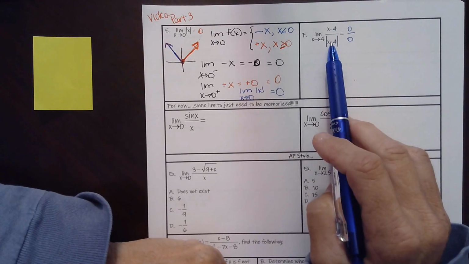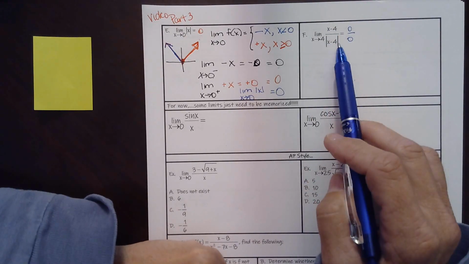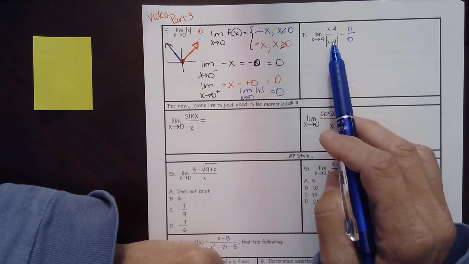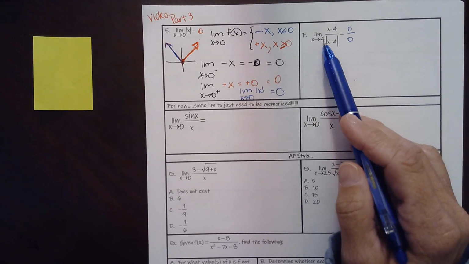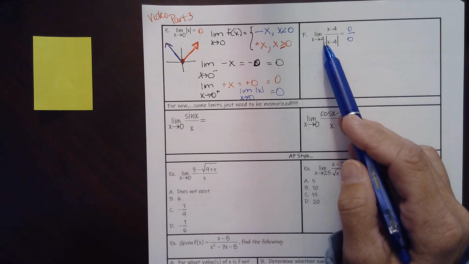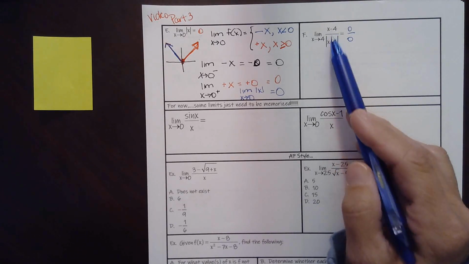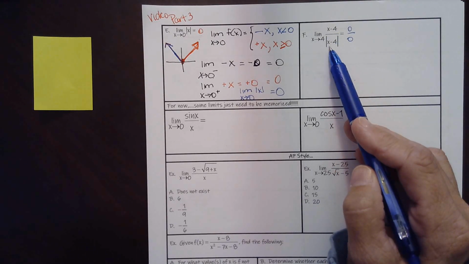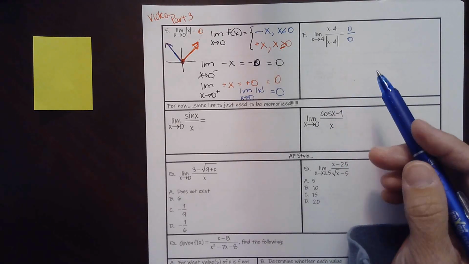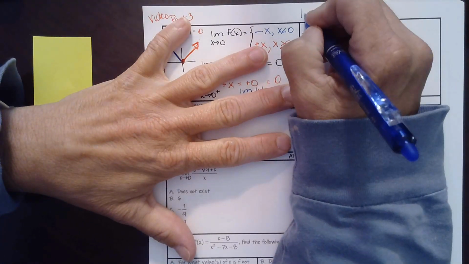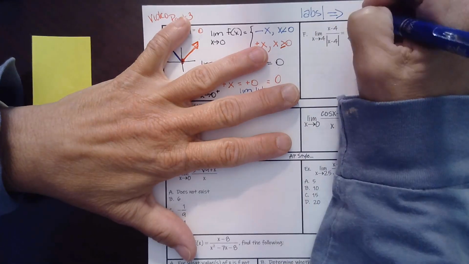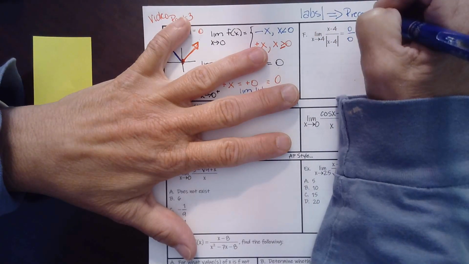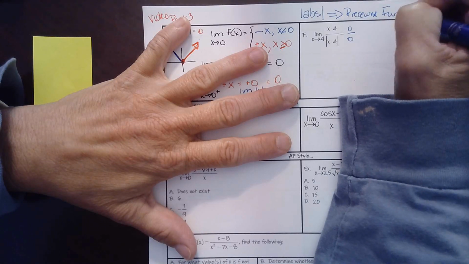This is a rational function, but what I see is the fact that it ends up having an absolute value. So at x equals 4, that's where something is going to happen with the graph of this function. So I can rewrite this function as a piecewise function. When you have something that involves absolute value, then you want to rewrite it as a piecewise function.